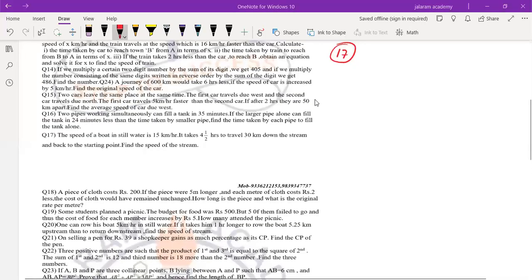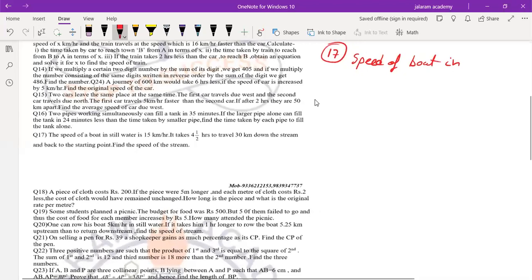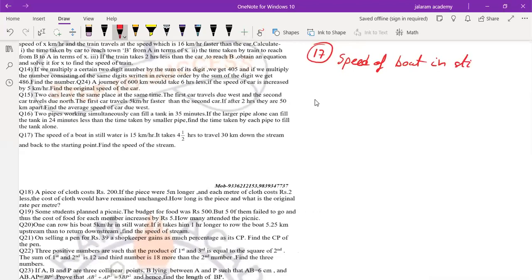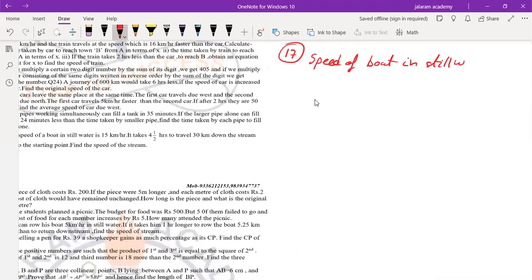The speed of boat in still water is 15 km per hour.